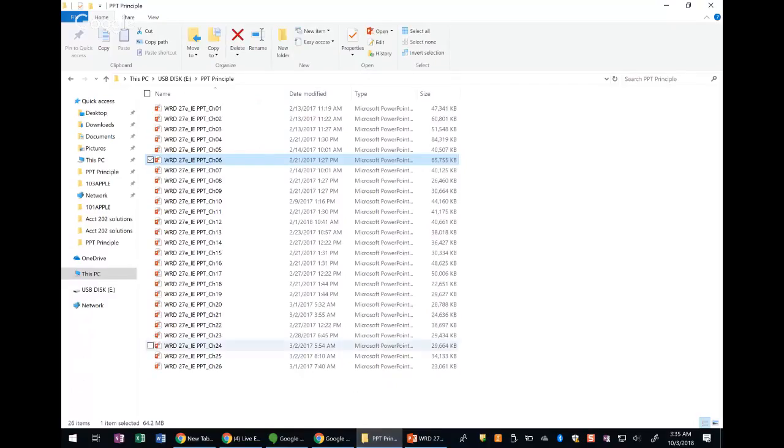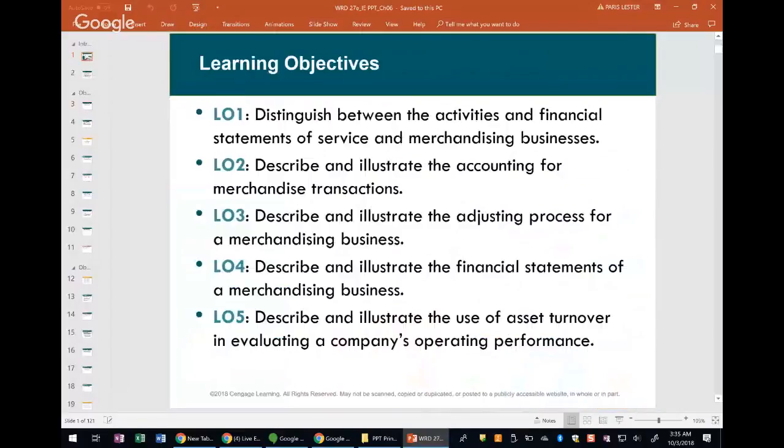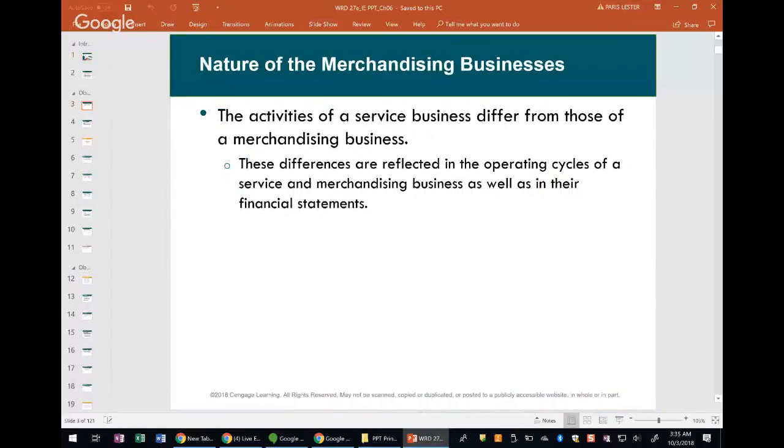So, but anyway, let's take just a quick look at the next chapter. This next chapter is merchandise inventory. Now, up to this point, we've just been talking about a service business. All right.